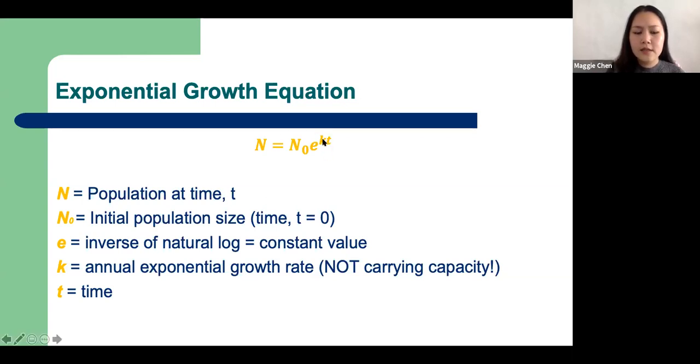So k is the annual exponential growth rate, not the carrying capacity. K in this equation is just our exponential growth rate that we're looking at for this case study, times the time, which is however much the time period that we're looking at for whatever problem.